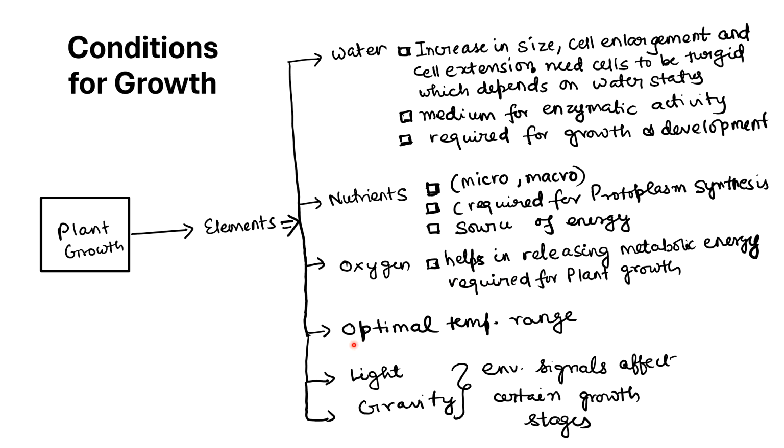Plants also have an optimal temperature range in which optimal growth can take place. Other important factors are light or photoperiod and gravity. These environmental signals play an important role in the different stages of plant growth.